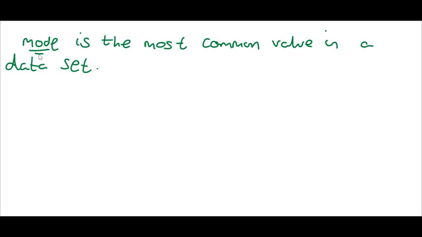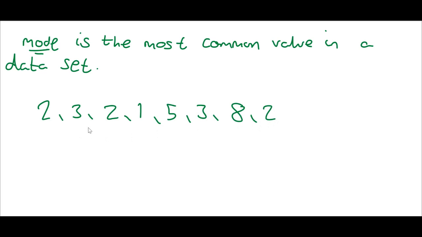Okay, and the most common one is exactly what it says on the tin. It's the number that appears most times. So in the data set 2, 3, 2, 1, 5, 3, 8, 2, we've got three 2s and one of everything else, so 2 is the mode.